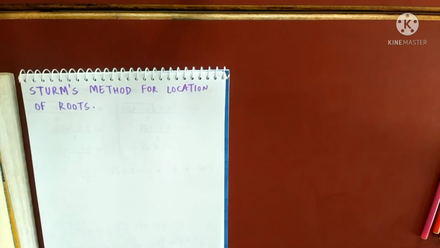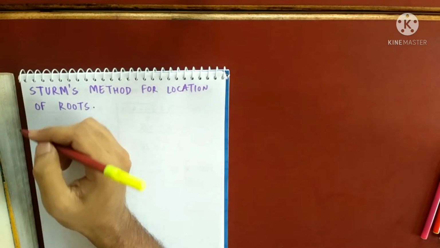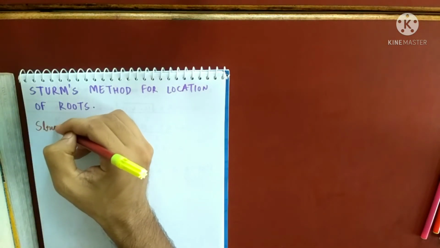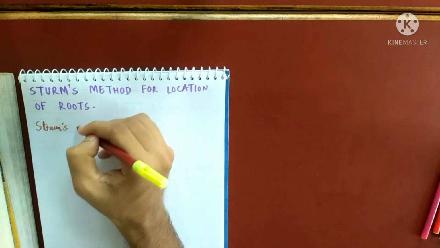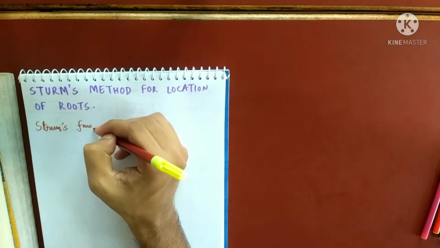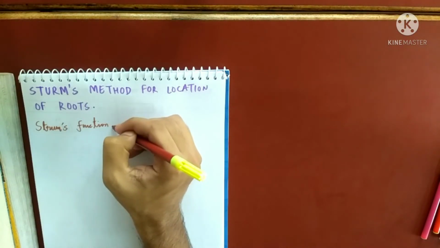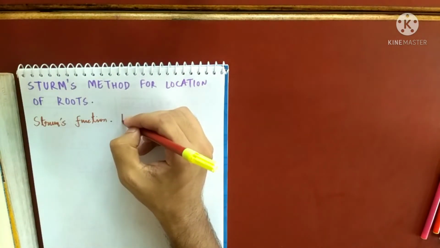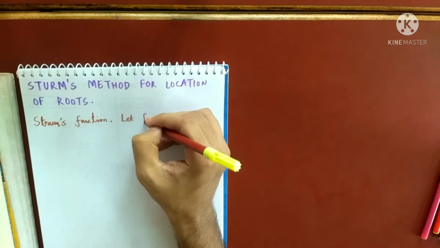So remember, this is your Sturm's function. Let me define what is known as Sturm's function. I'll just explain the method. The first step is this. Suppose you have been given some equation or some polynomial.